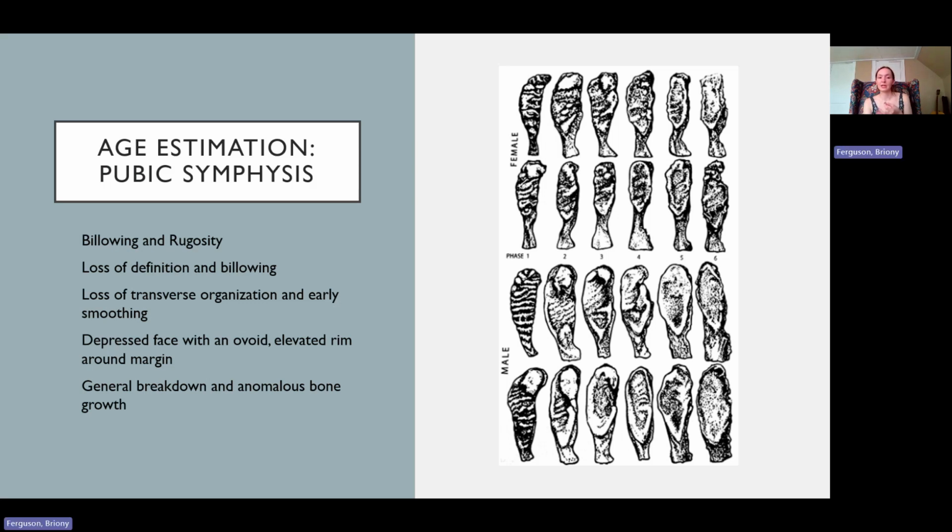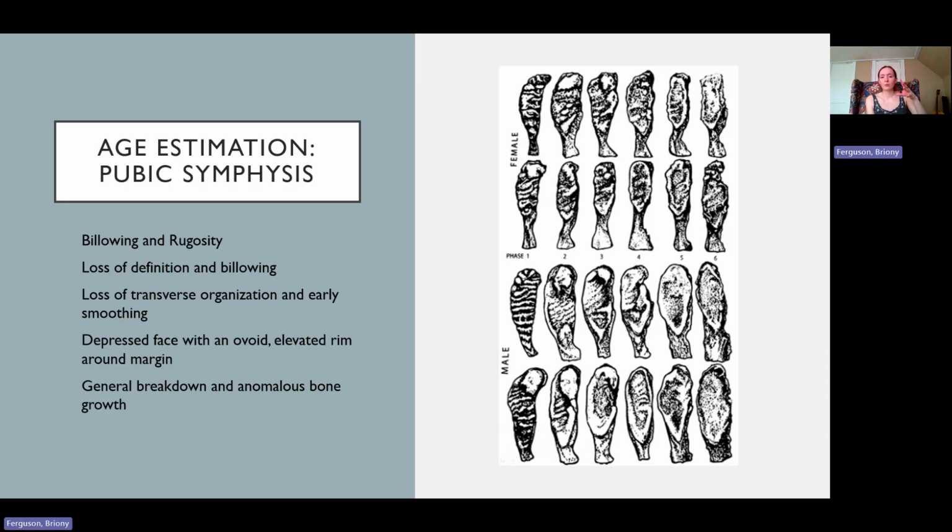We can also determine age through the pubic symphysis. This is on your os coxa or your pelvis. And what we're really looking for here is it is in a phase kind of scoring system. We also have it separated by male and female in more recent, improved methodology, because there are some slight differences.